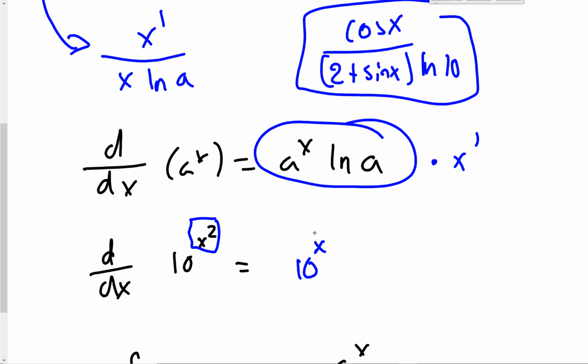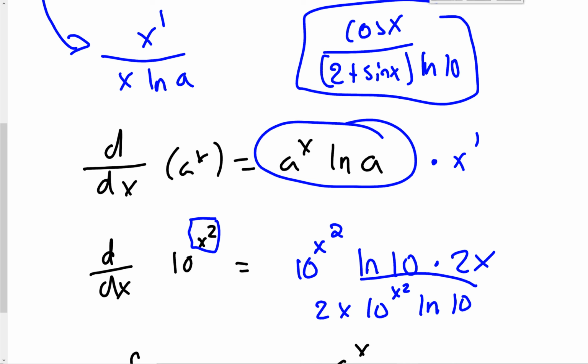My x just stays x squared, ln of a, which is just 10. And then I've got to times that by the derivative of my function up top here. So that's just 2x. And so there's my answer. You can rearrange it if you want to. You could do 2x, 10 raised to the x squared, ln of 10 is fine too.